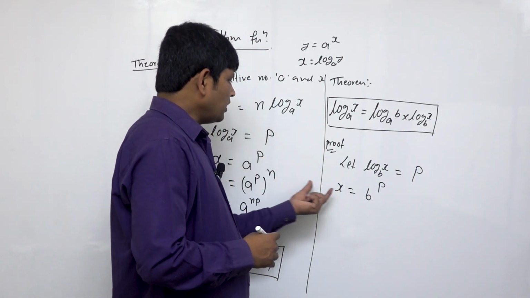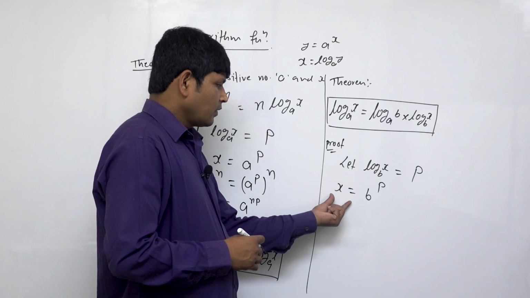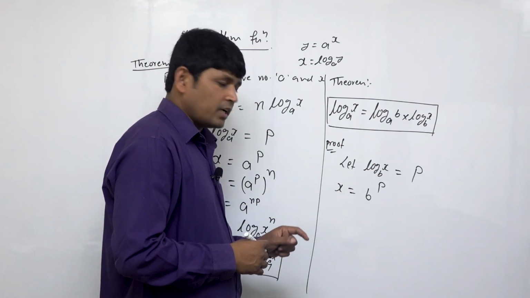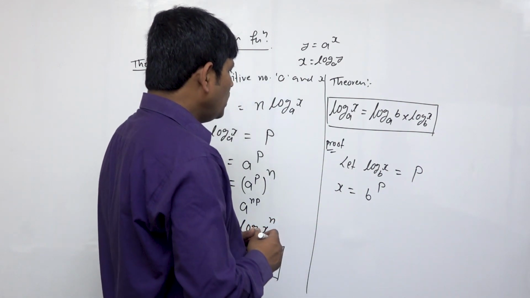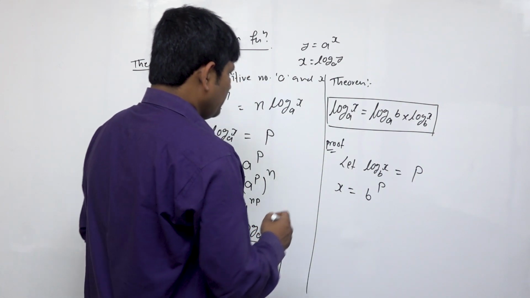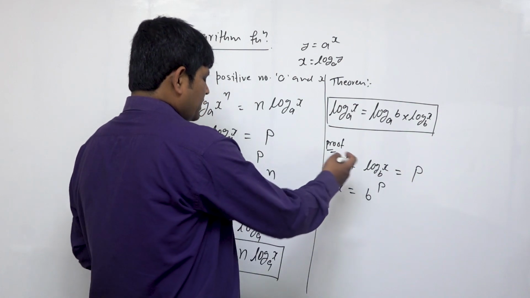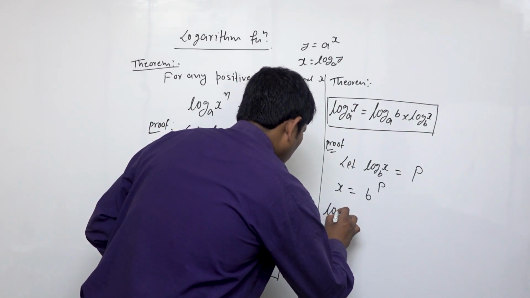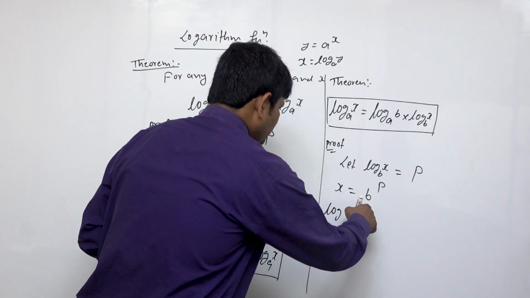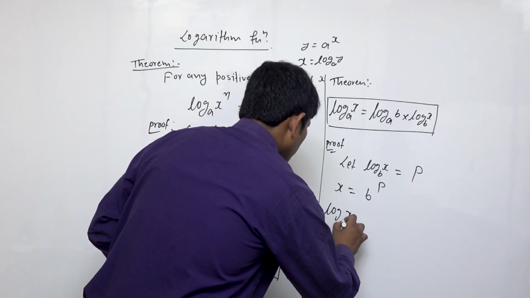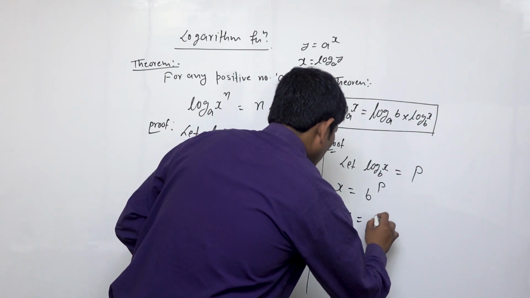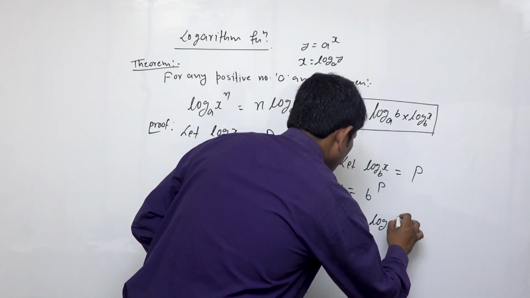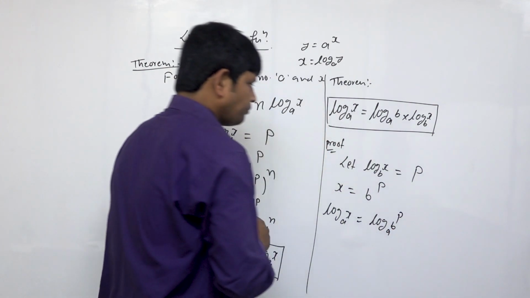Otherwise, we can also do it by taking logarithm on both sides. So we take log on both sides with base a: log of x to the base a is equal to log of b to the power p to the base a.